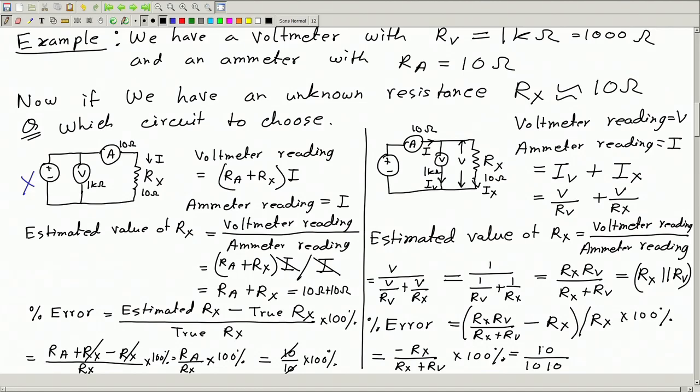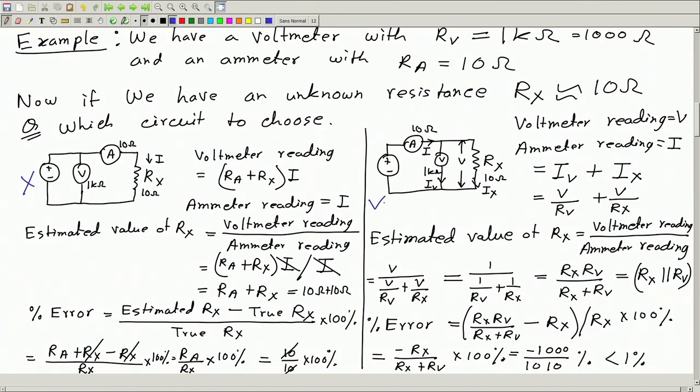I'm ignoring the minus sign, or you can put it. So this is this much into 100%. So let's put 2 more zeros for 100 percent. So this is like 1000 by 1010. So this is less than 1%.